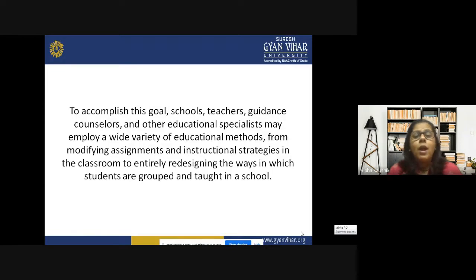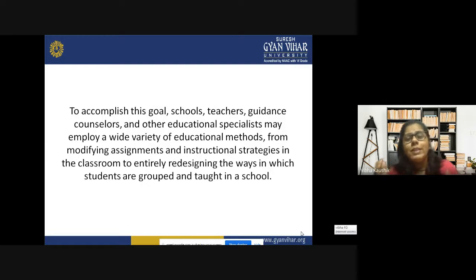Now, to accomplish this goal, which goal? That the needs of every student are fulfilled, and their interests and aspirations are satisfied. To accomplish this goal, schools, teachers, guidance counselors, and other educational specialists may employ a wide variety of educational methods.